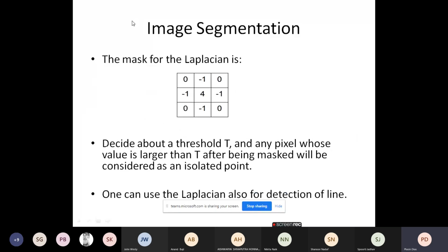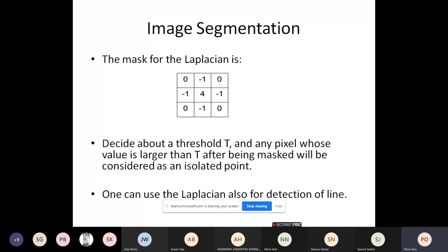So this is how I was talking about the kernel. The mask for the Laplacian kernel has a peculiar representation: 0, -1, 0, -1, 4, -1, 0, -1, 0. I don't know how many of you are doing regular studies. Somewhere in module 2 and module 4, if you check, the Laplacian kernel discussion is there.